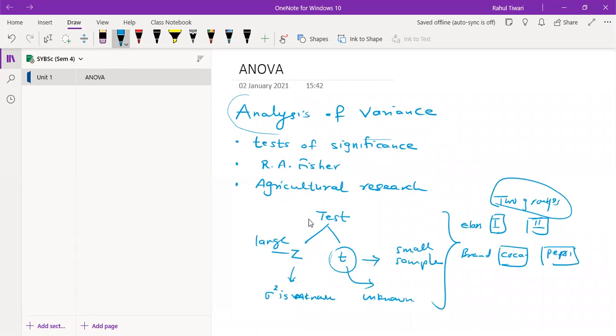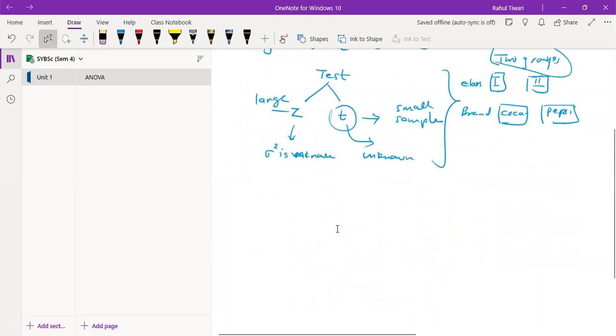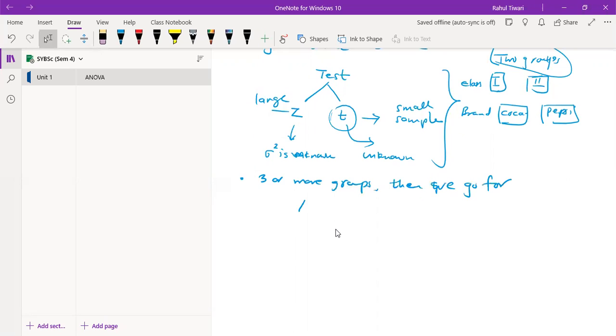But when there are three or more groups, then we go for ANOVA.